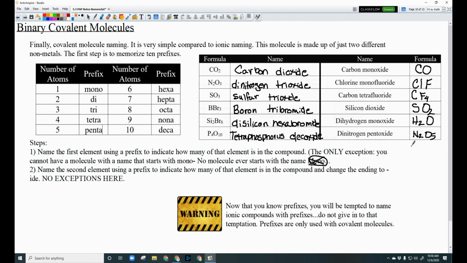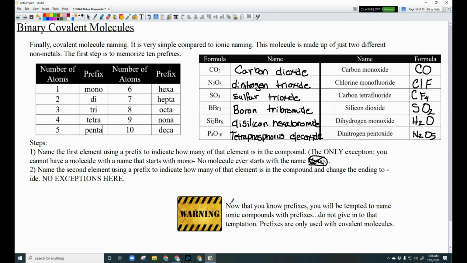Okay, simple, simple. So the only thing that's going to throw you off now is, since this is so easy, you're going to want to use prefixes for everything. Because ionic naming and bonding is so difficult, you're going to want to use prefixes for everything.